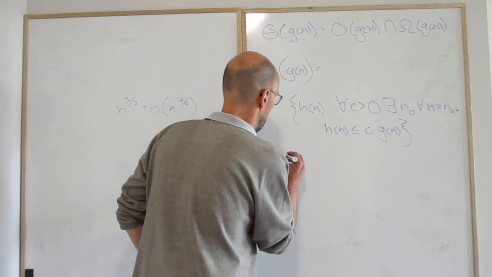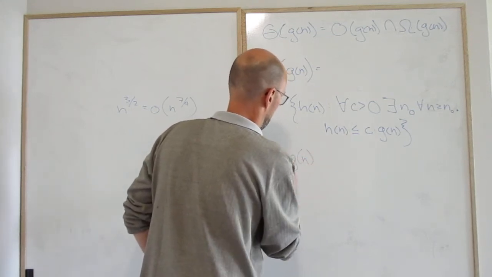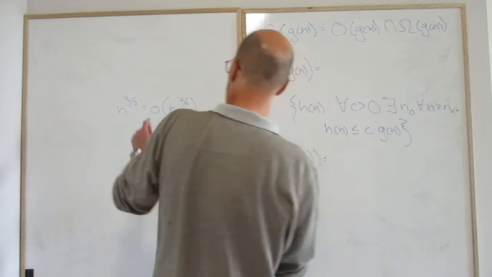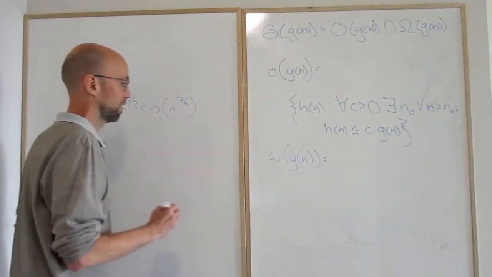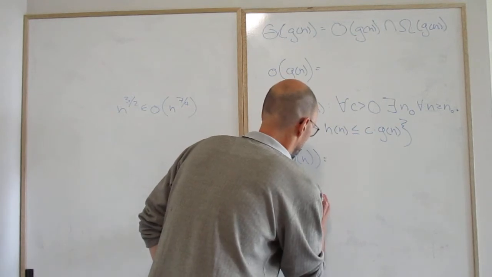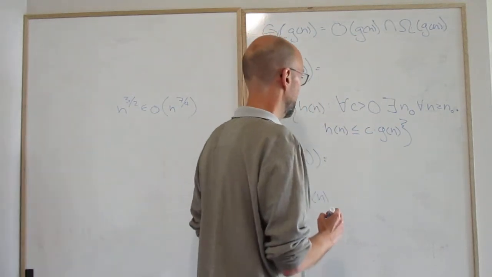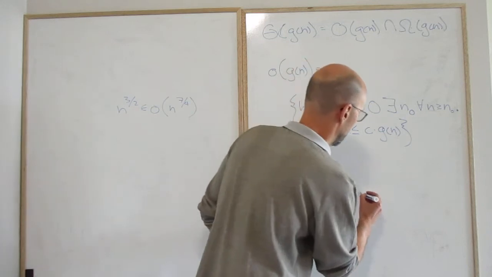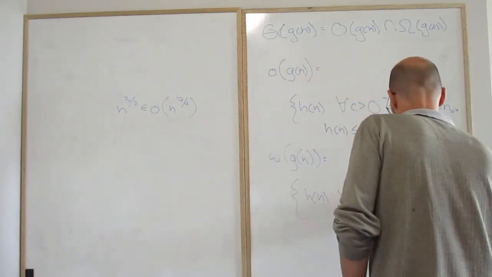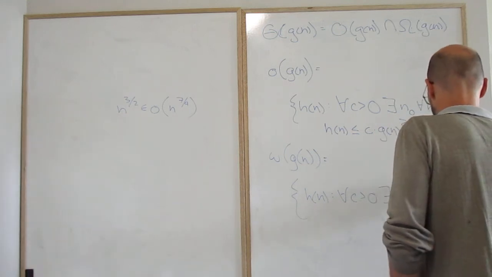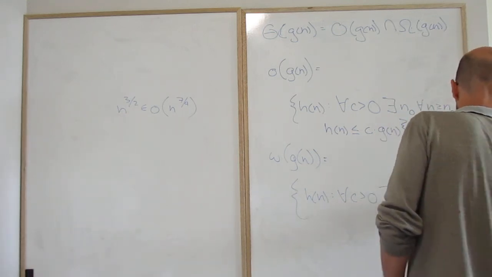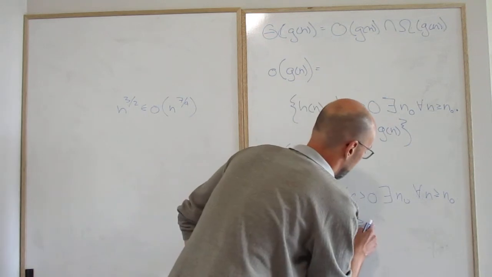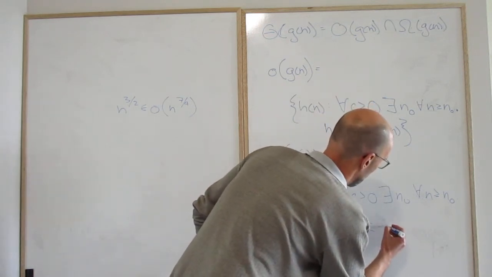So little omega of g of n is the set h of n, and it's the same stuff, such that for all c greater than 0, there exists an n0 such that for all n greater than or equal to n0, h of n is greater than or equal to c times g of n.